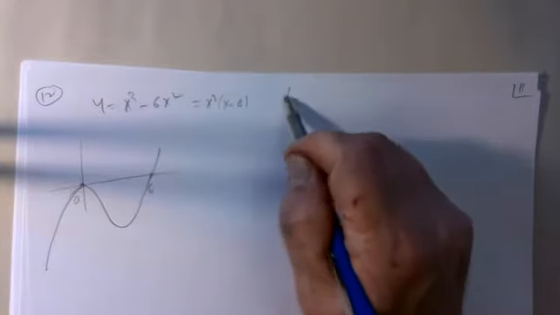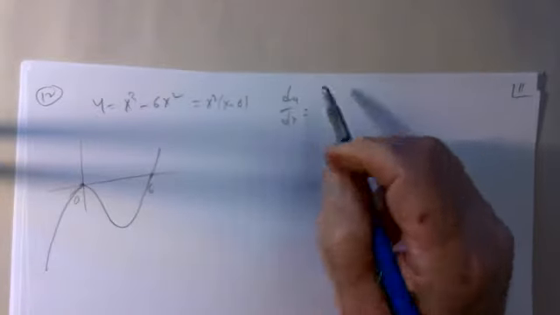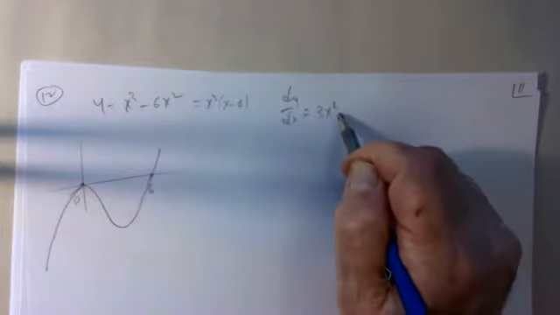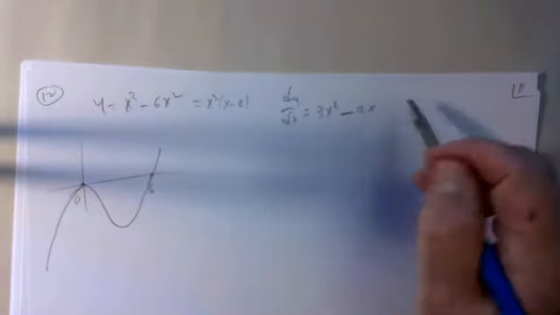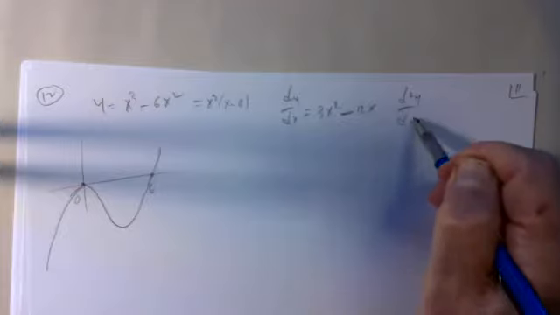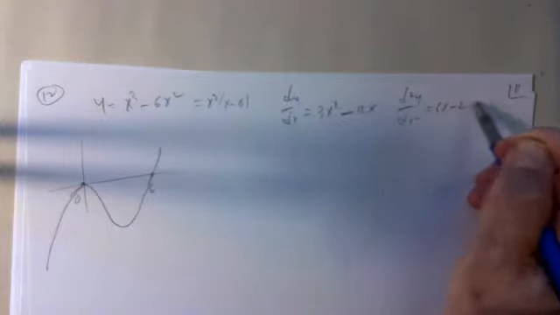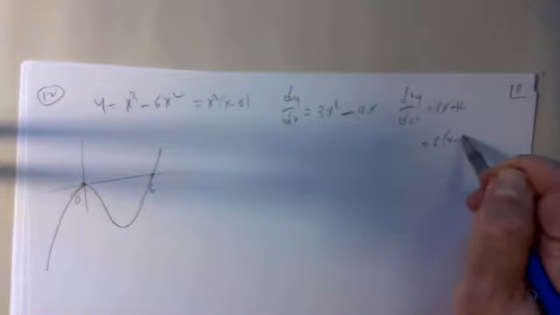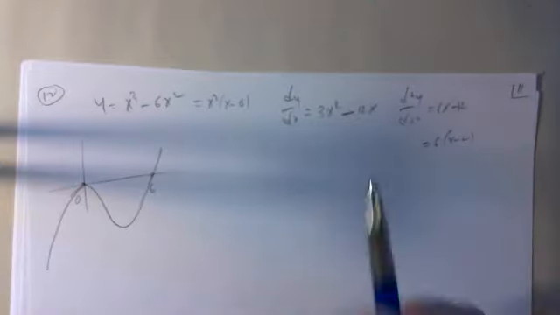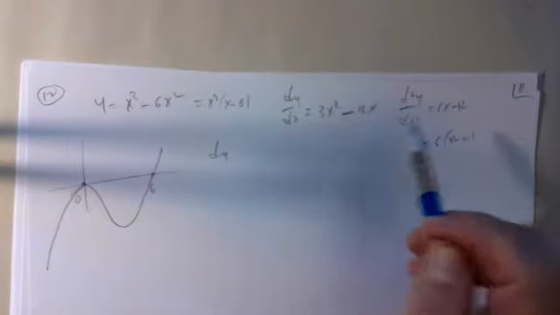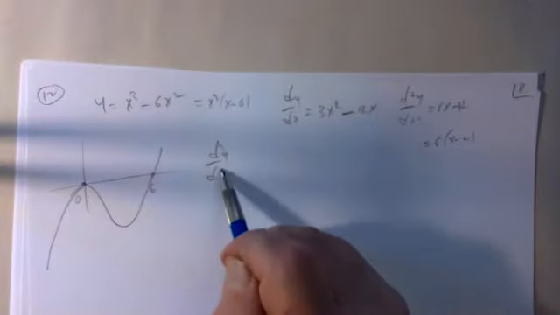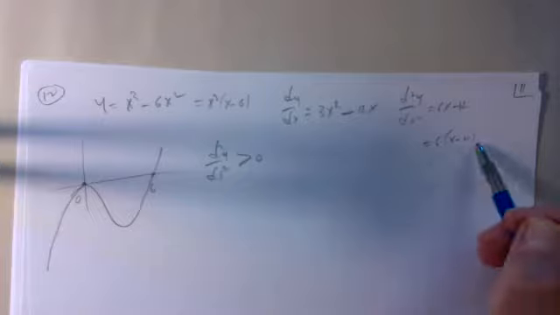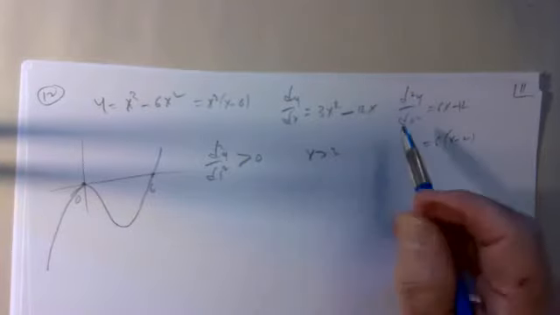So we need the second derivative. dy dx is 3x squared minus 12x. The second derivative is 6x minus 12, which is 6 times x minus 2. So the second derivative is greater than 0 when x is greater than 2.